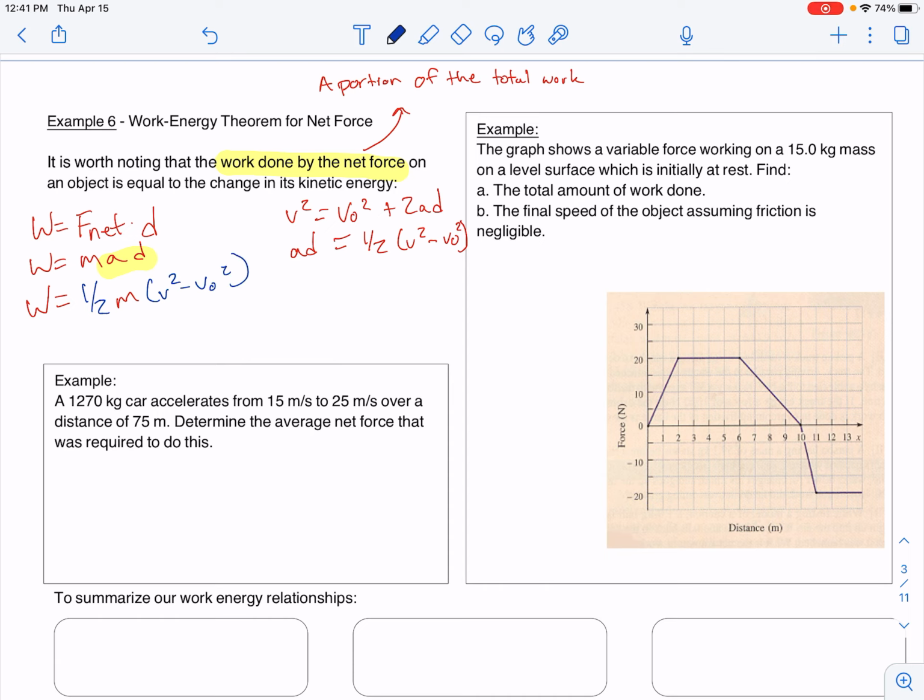Another way to say that would be work is equal to 1/2 mass times change in velocity squared, which is equal to the change in kinetic energy, which, going back to the beginning, is equal to net force times distance, or displacement.